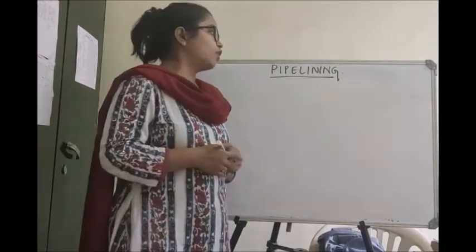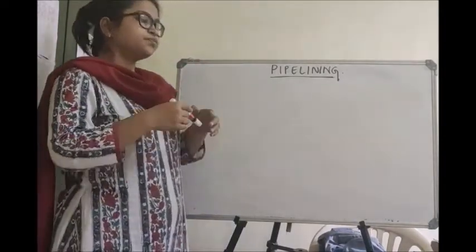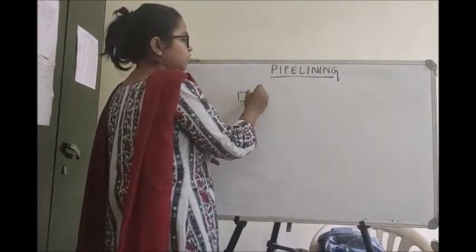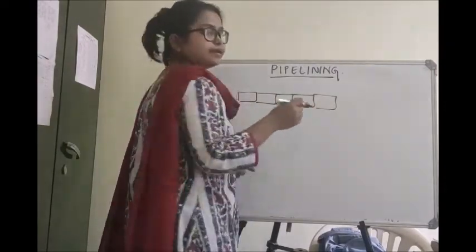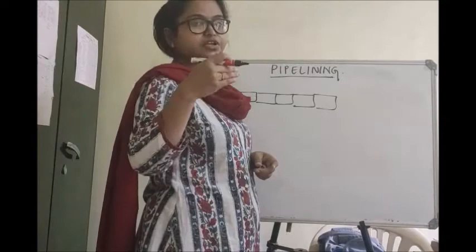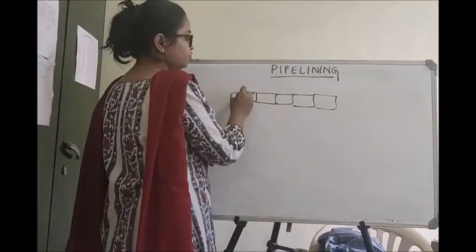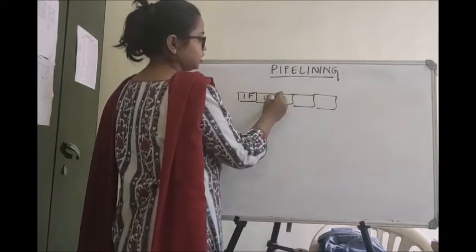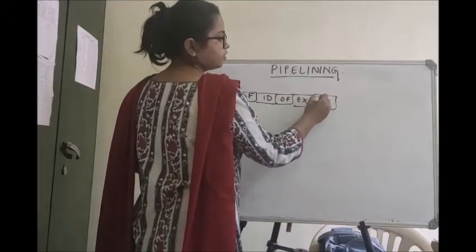That's why we go for linear pipelining, in which we maintain parallelism, but at the same time we see that every component or every stage of instruction execution is busy. The stages are: first instruction fetch, instruction decode, operand fetch, execute, then write back.